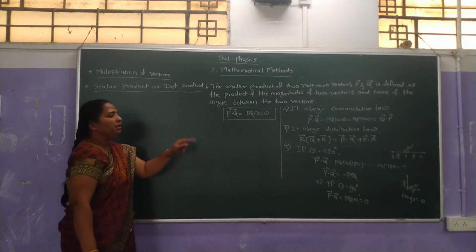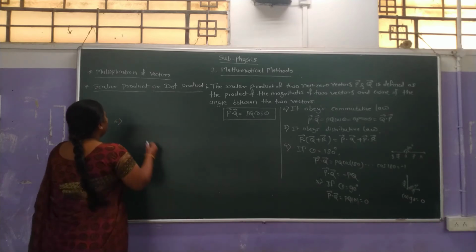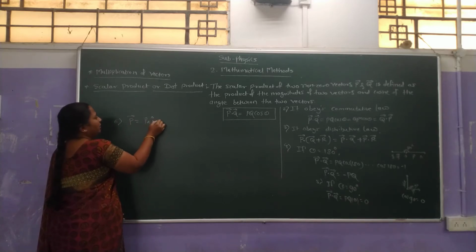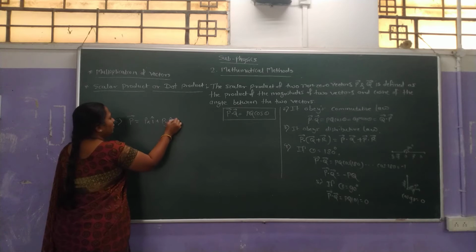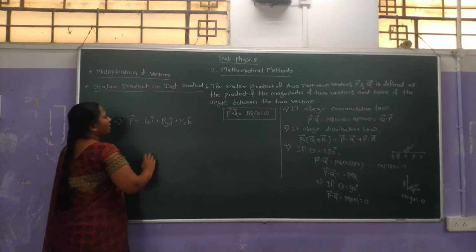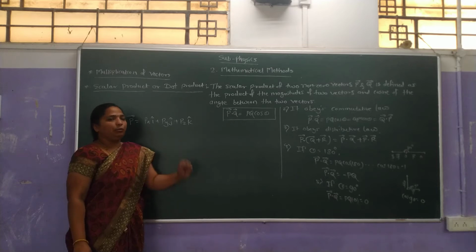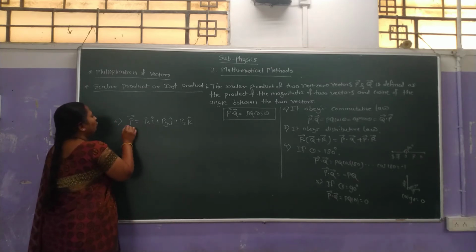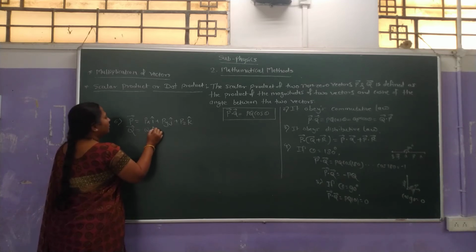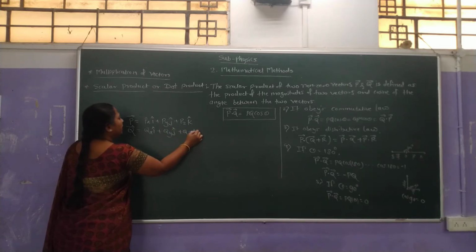If the two vectors, p vector and q vector, are in rectangular component form, where p vector is equal to px i vector plus py j vector plus pz k vector, and i, j, k are the unit rectangular vectors along the x, y, z axes respectively. Similarly, q vector is qx i vector plus qy j vector plus qz k vector.